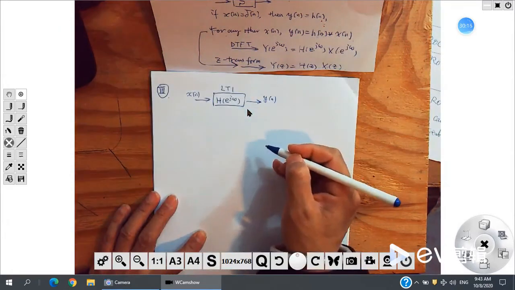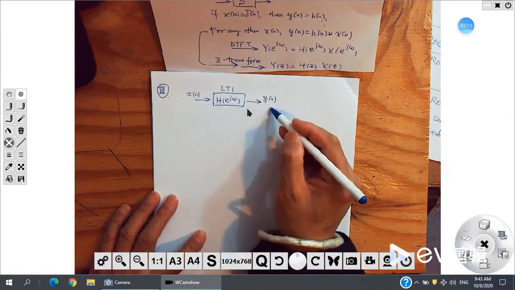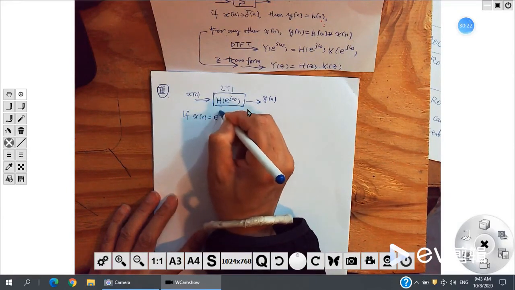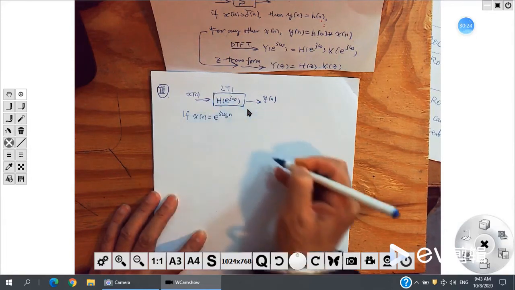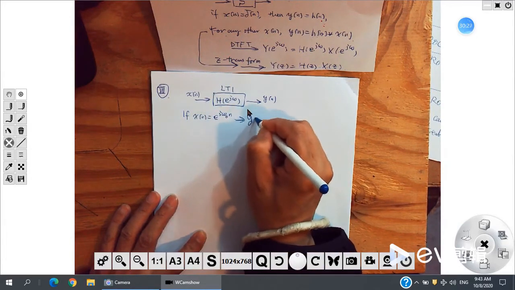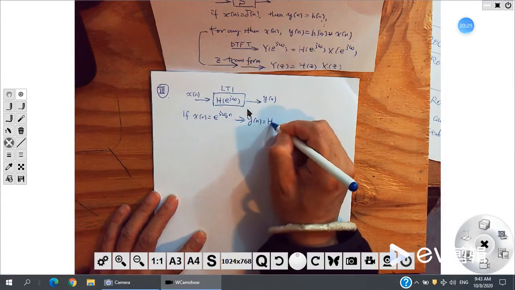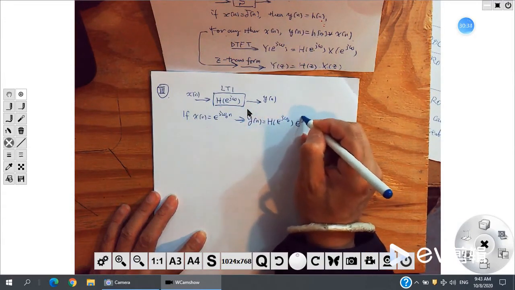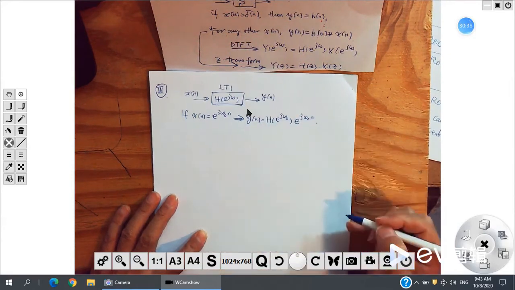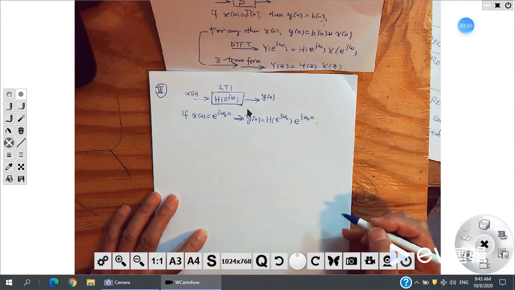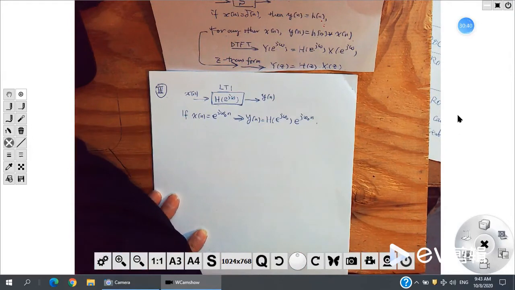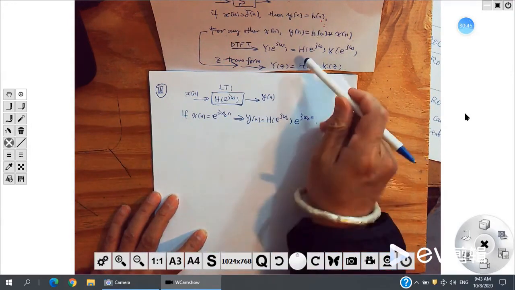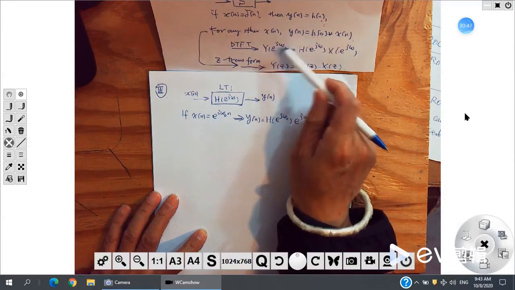This is a review. We know if x of n is e to the j omega 0 n, then y of n equals H of e to the j omega 0 times e to the j omega 0 n. You should remember this very useful formula.